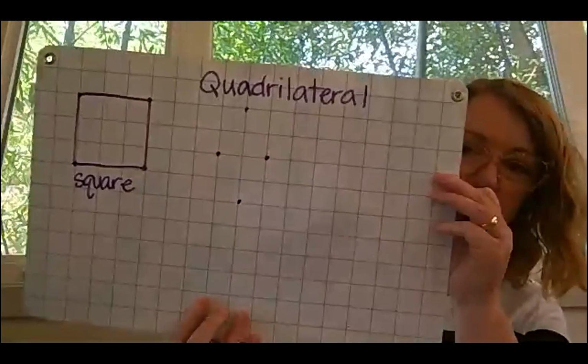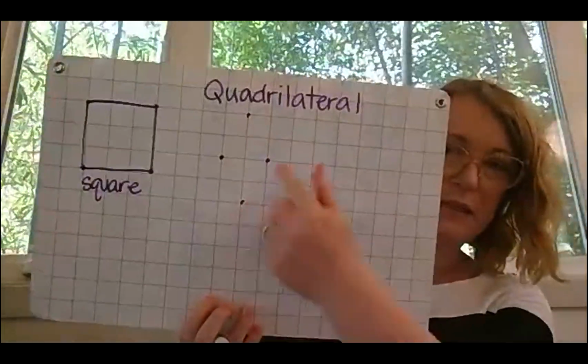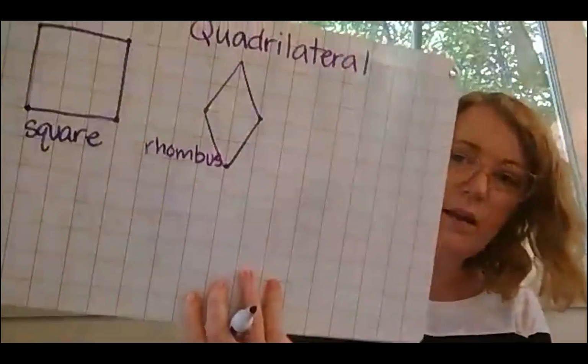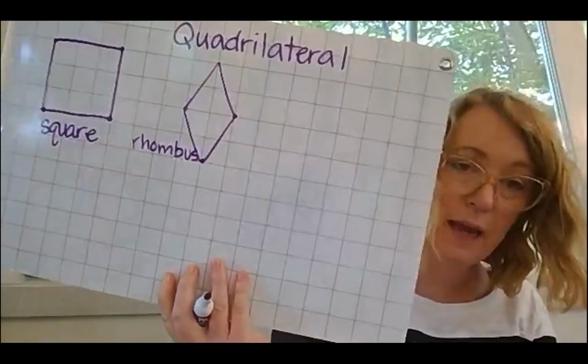Do you see my 4 dots? These are going to be my 4 vertices. And now I'm going to connect the dots. Do you know what shape that's going to be? I am hearing some of you say it. It is a rhombus. It is a rhombus or a diamond. You can call it both.